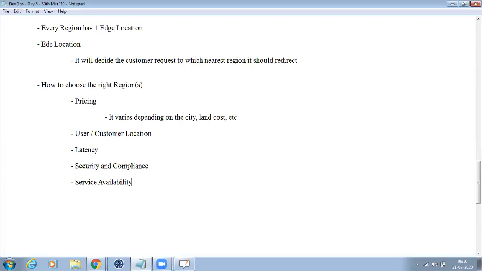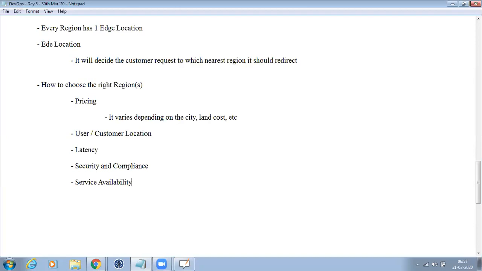This is also one of the important factors in selecting a region. Being a service provider, if I want to give my product or service to customers, I must make sure it is available always, 24 by 7 or 15 by 5, whatever it may be, as per your business operation.